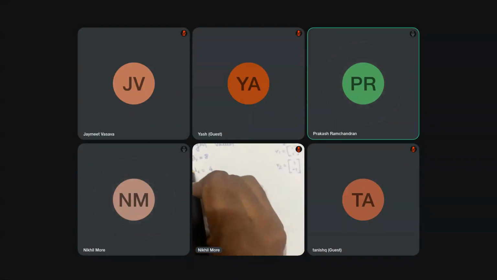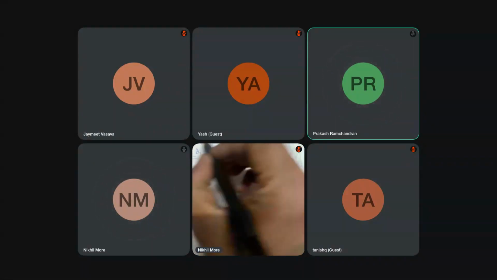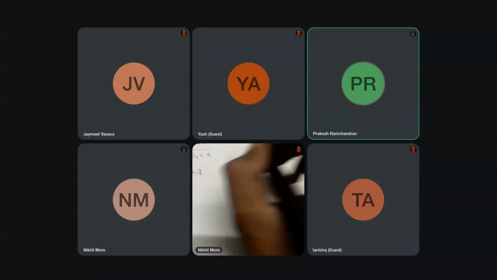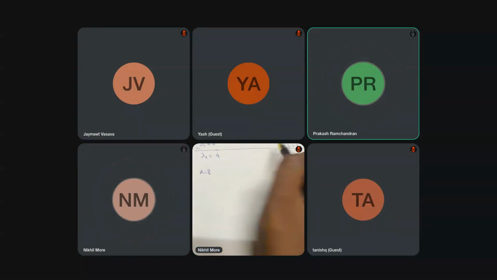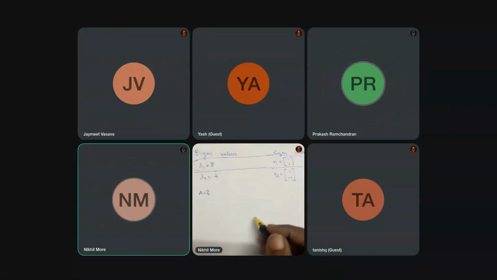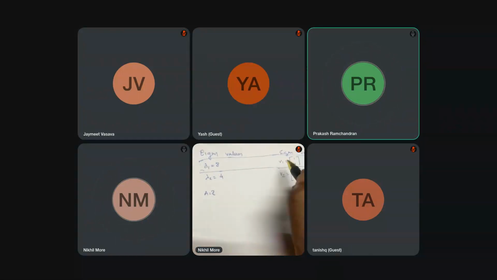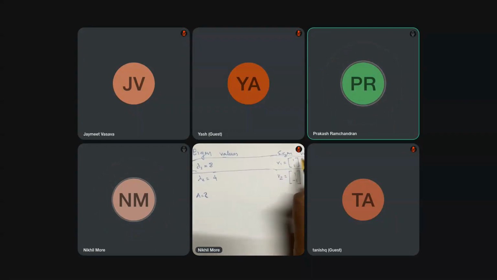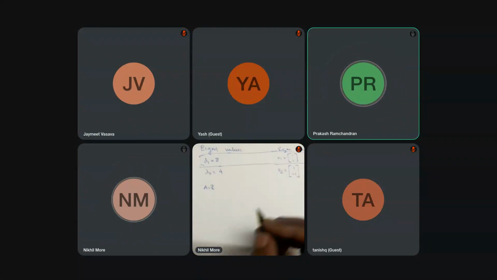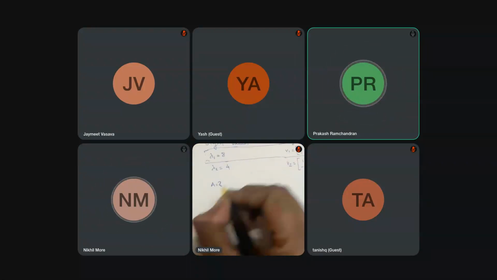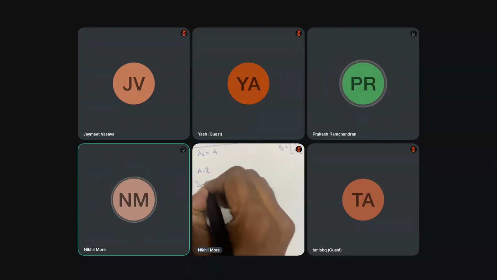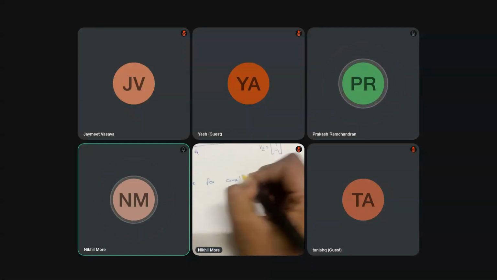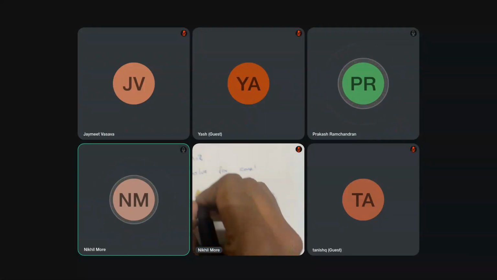This is the first case: lambda 1 is 8, and the vector v1, as in the definition, is 1 1. So I'll just solve for case 1.